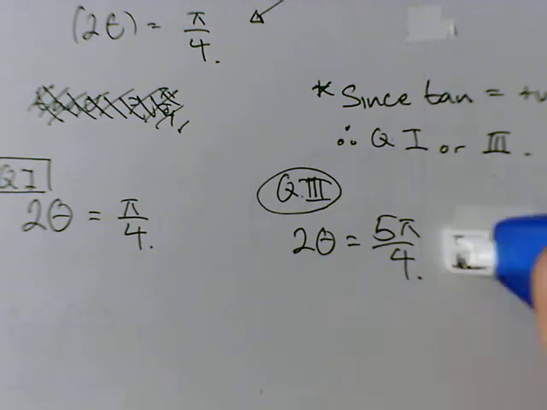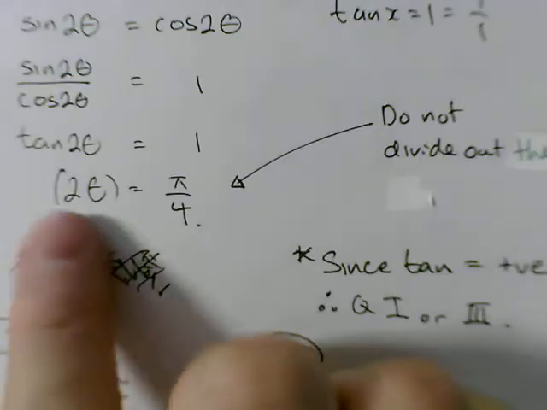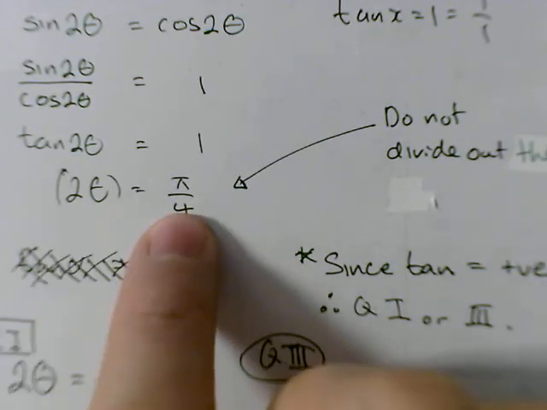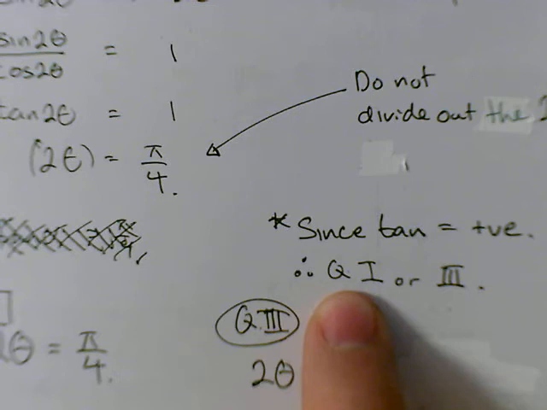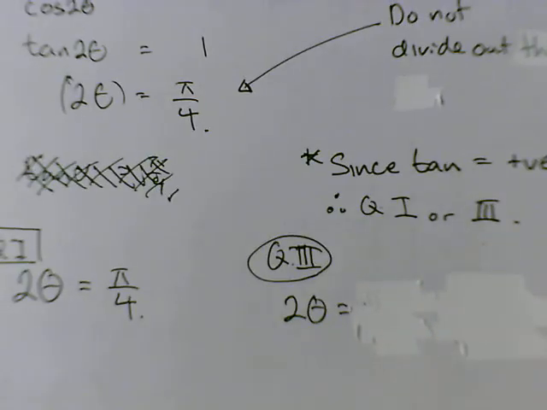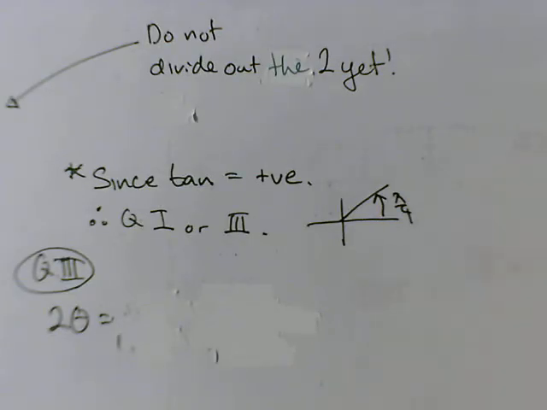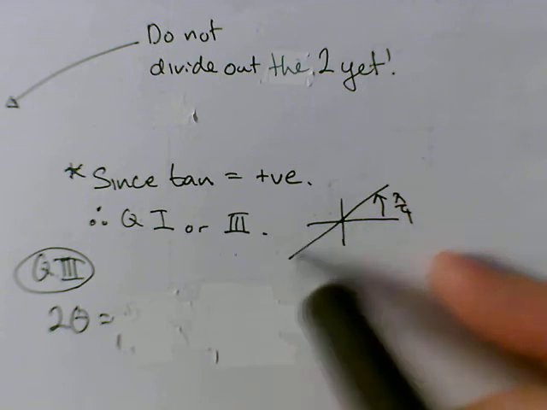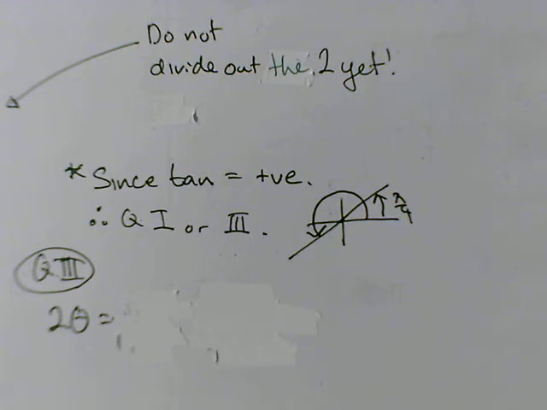I think I just jumped the gun a little bit. Let's go back. We found that whatever angle we're dealing with right now is pi over 4. However, because 1 is positive, it's not just pi over 4, it's another angle as well. So in other words, you can say that for 2 theta, pi over 4 is my related angle. But we also know that the other angle will also give us the same answer.